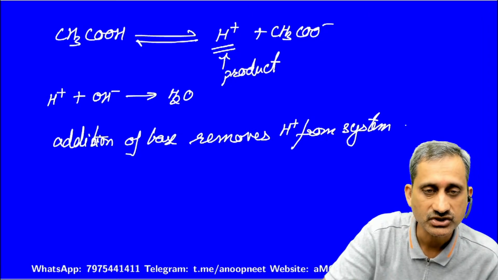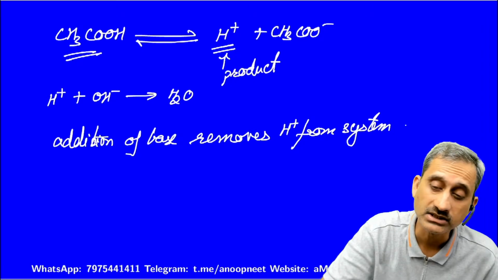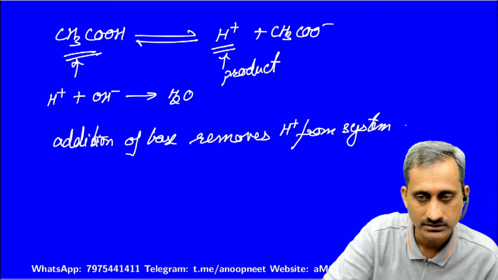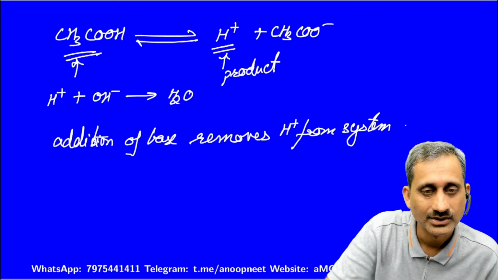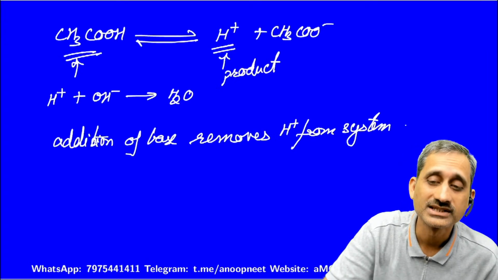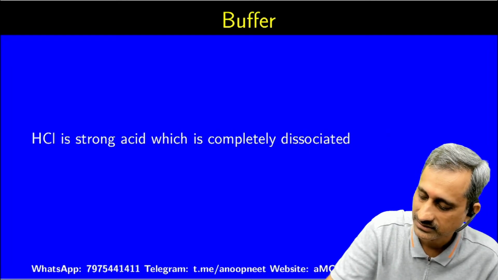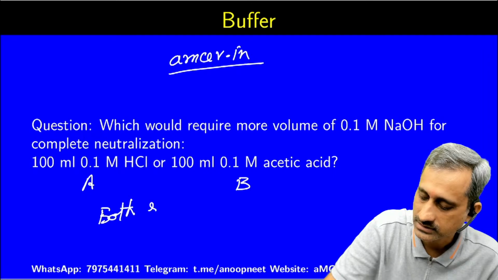And if the reaction shifts in the forward direction, then the acid is going to dissociate further. And this will continue until it is completely consumed. Okay? Yes sir. So which one will consume more? The answer is both the same.